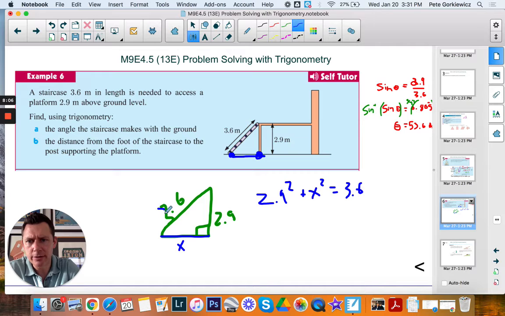Let's do it now. So 3.6 squared minus 2.9 squared, 4.55, and then take the square root of 4.55, and I'm getting 2.13.